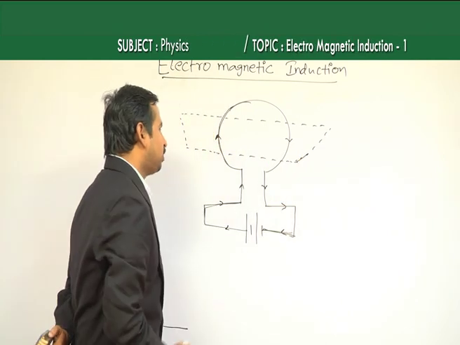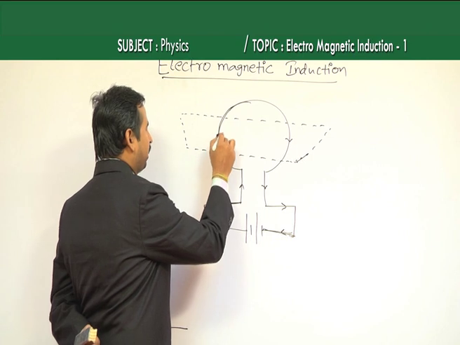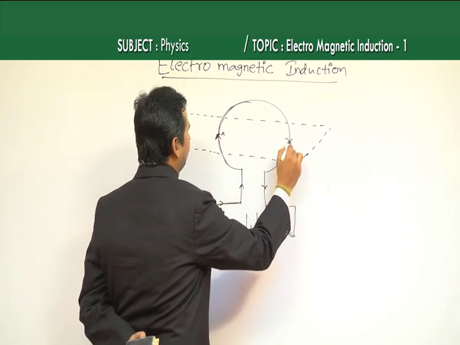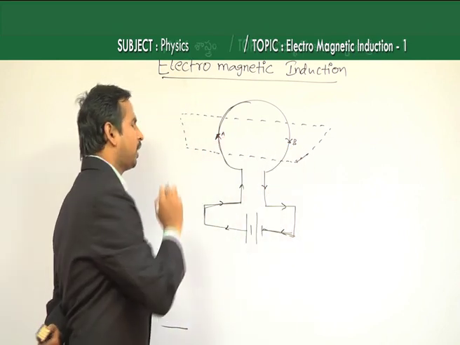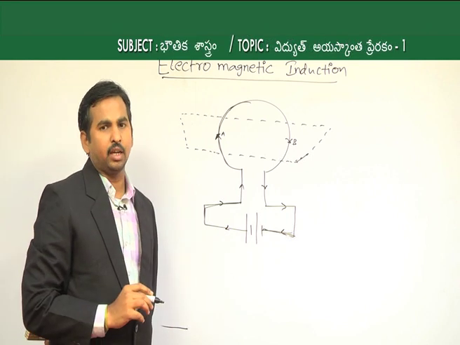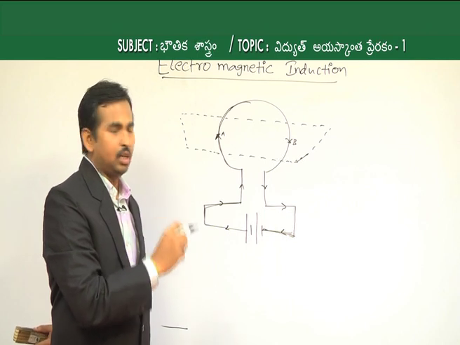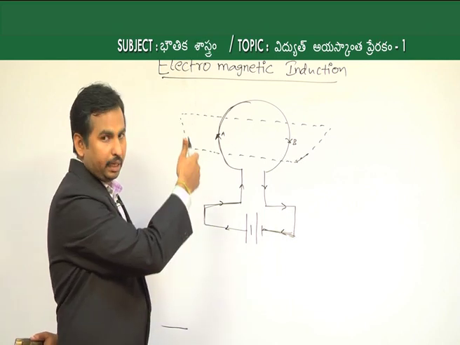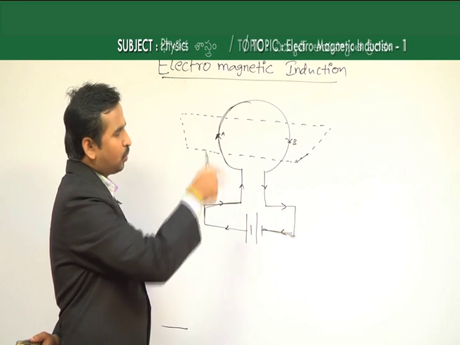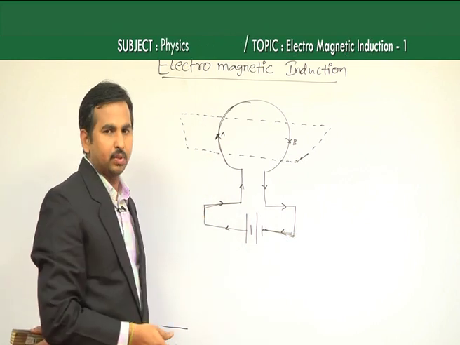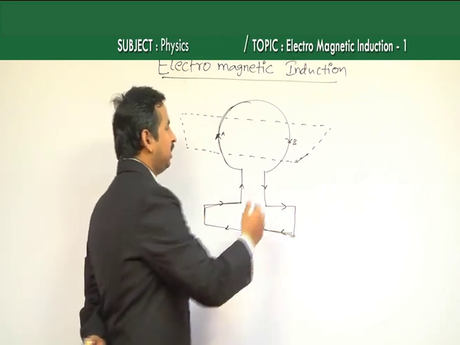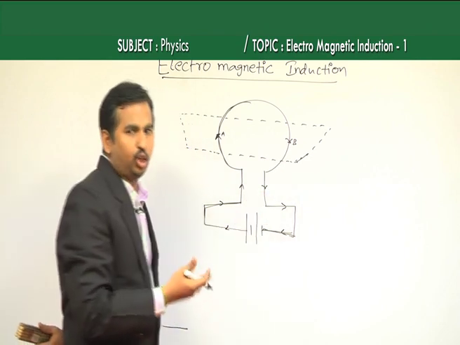Okay. So, let these 2 points be point A and point B. What we observe is, at point A, the current is coming upwards, out of the plane. Whereas in the same coil at point B, on the other side, the current is coming downwards, into the plane.